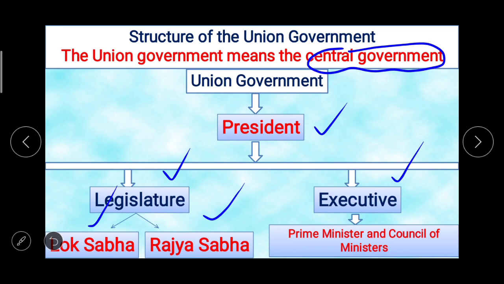India's Union Executive comprises the President, Prime Minister, and the Council of Ministers. Now about this we are going to study in detail in this chapter.